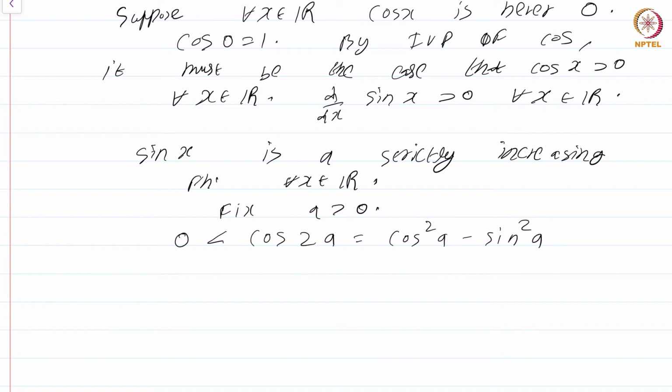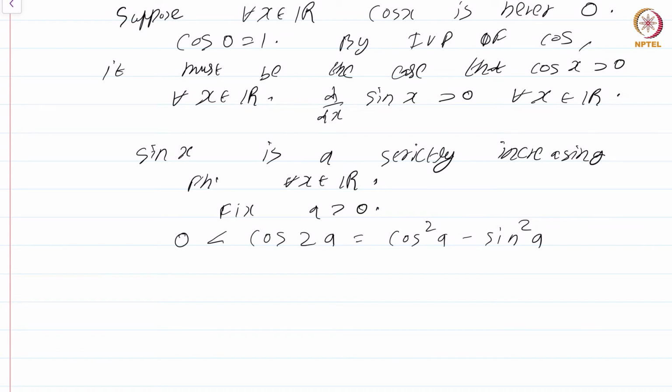Now, because sine is strictly increasing for all x greater than 0, cos must be strictly decreasing for all x greater than 0, because cos squared x plus sine squared x is equal to 1. Keep that in mind for the moment.